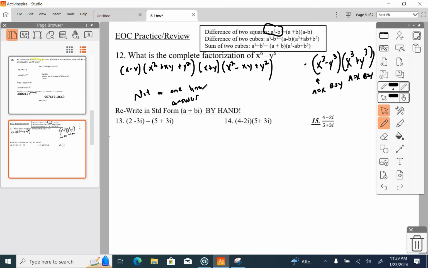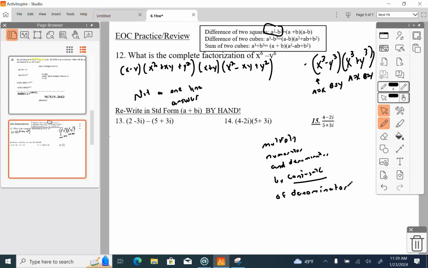All right, moving on to 15. The idea of 15 is we multiply the numerator and the denominator by the conjugate, there's that word, the conjugate of the denominator. That's the idea.